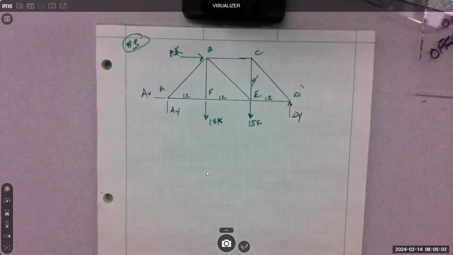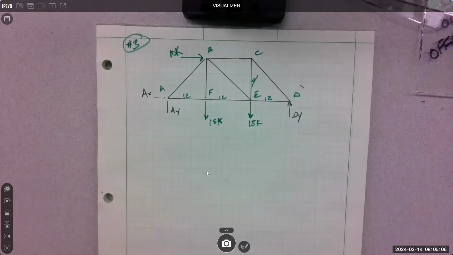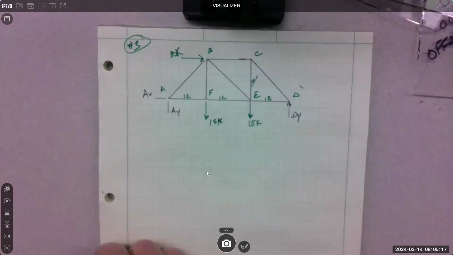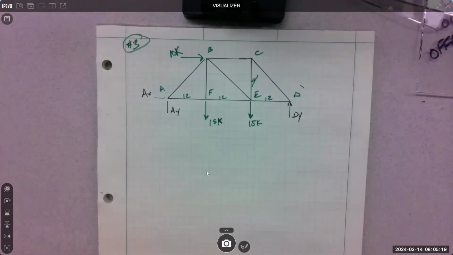So just so you know, pin would set up 4 reactions. That's called statically indeterminate because we only have 3 equations. So it just means you're not gonna be able to just use the normal strategy to solve pin problems. They're much more difficult in analysis too, because you're not allowing the truss to expand.